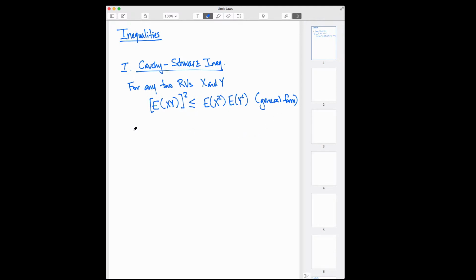But that's not necessarily the most commonly used form. So more commonly, at least in probability and statistics, we state this as, well, the absolute value of the expected value of x multiplied by y is less than or equal to the expected value of the absolute value of x multiplied by y, which is less than or equal to the square root of the expected value of the absolute value of x squared multiplied by the expected value of the absolute value of y squared.